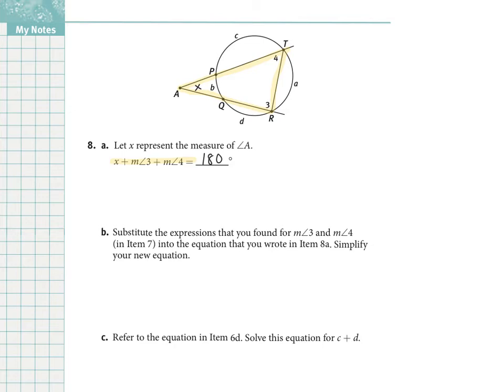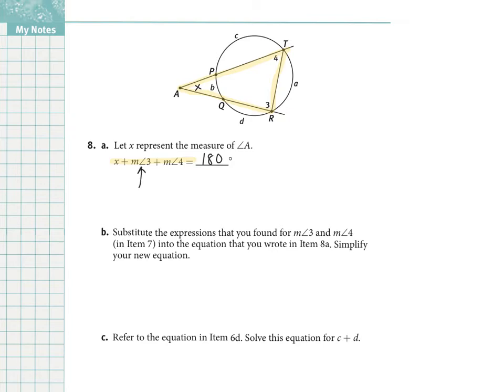Now it wants us to substitute the expressions that we found in our previous problem, problem number 7, on the page before. And we want to see what we can do to rewrite this equation. So we're going to substitute these expressions we found for 3 and 4, those angle measures.